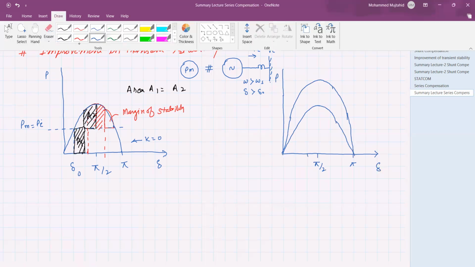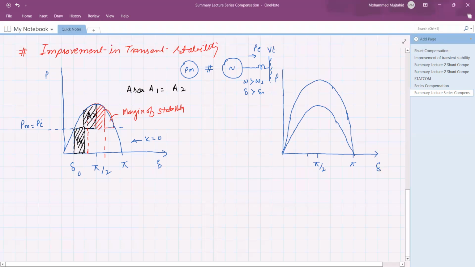Now, the same fault is going to occur in the system. The system is operating over here. Earlier, it was operating at this point. So this is the acceleration area, up to this one, and this is the deceleration area. Here the deceleration area is up to this one, so here you will get deceleration area A2.